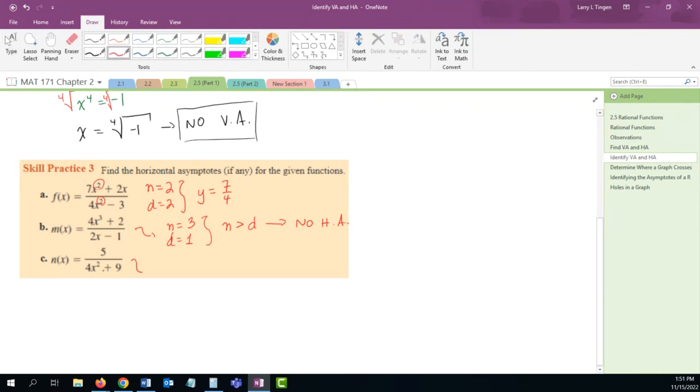Last one, 5 over 4x squared plus 9. Degree of the numerator is 0. Degree of the denominator is 2. When n is less than d, I always have that horizontal asymptote at y equals 0.